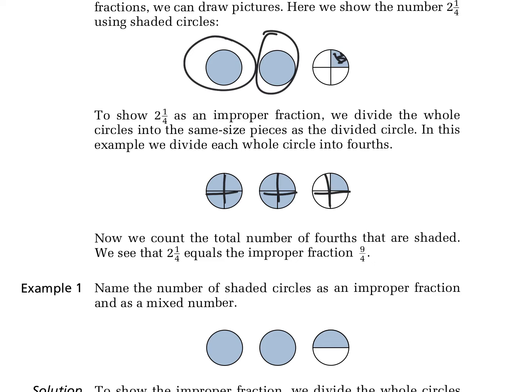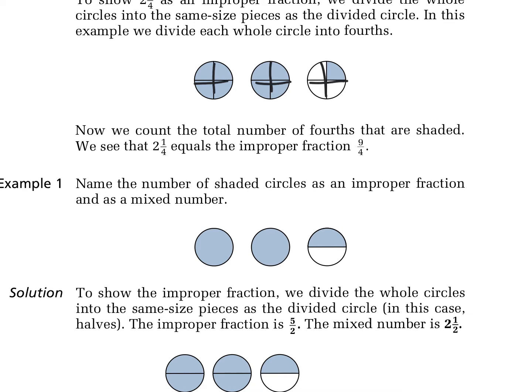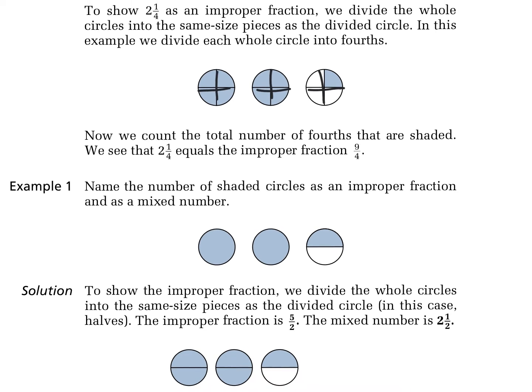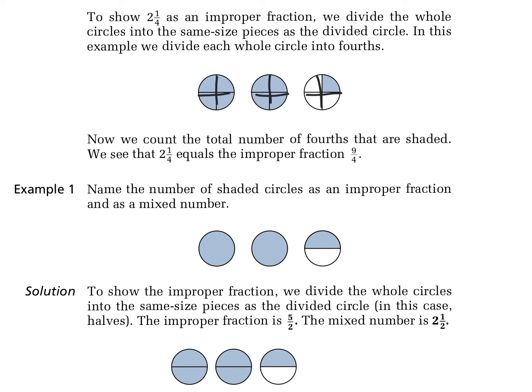Now we count the total number of fourths that are shaded: 1, 2, 3, 4, 5, 6, 7, 8, 9. 9 fourths. So we see that 2 and 1/4 also equals 9 fourths.